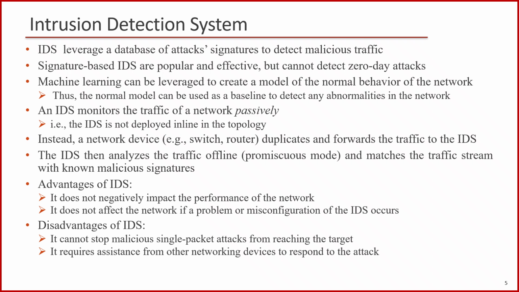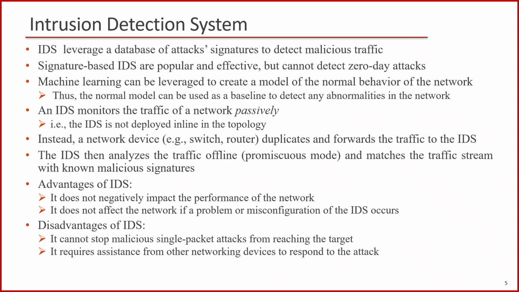This intrusion detection system helps to monitor the traffic of the network passively, that is, indirectly, without the knowledge of the users. IDS are not deployed inline in the topology. Instead, it is implemented on a network device, for example switches or routers. IDS then analyzes the traffic offline and matches the traffic streams with known malicious signatures.